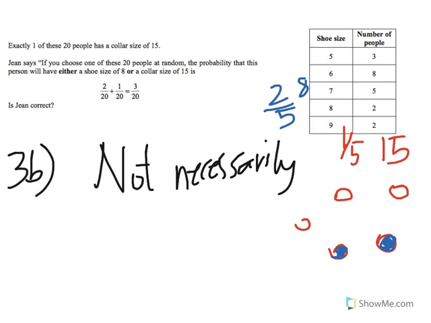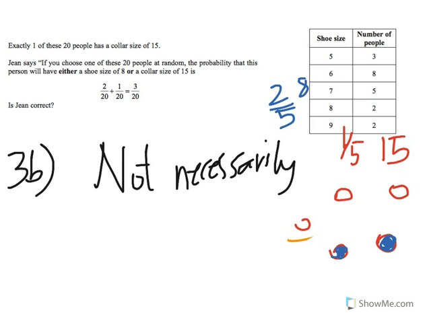Now, let's say he has a collar size of 15. Okay, so this probability would work because if we apply this 1 over 5 plus 2 over 5, 3 out of 5 of the people would have either a shoe size of 8 or a collar size of 15.